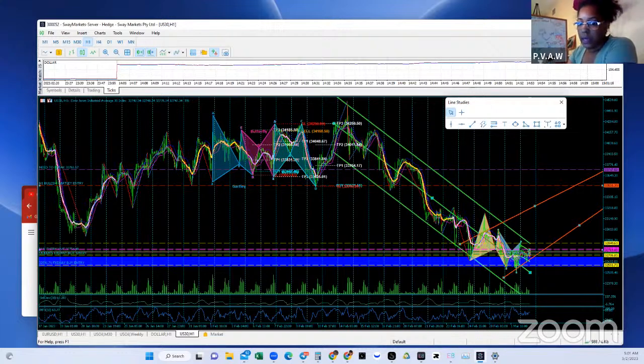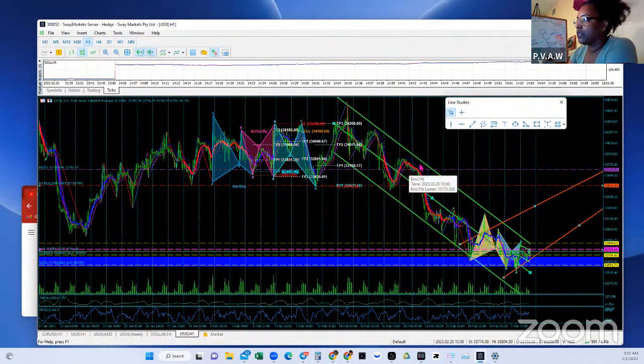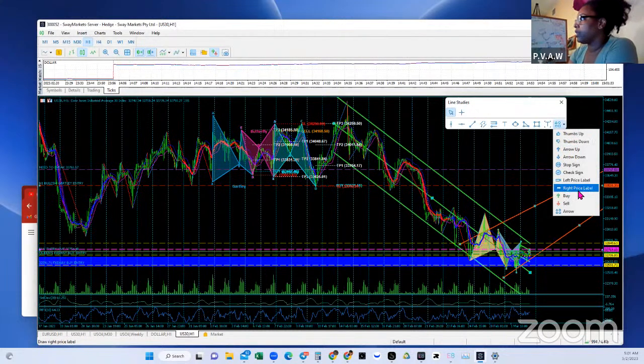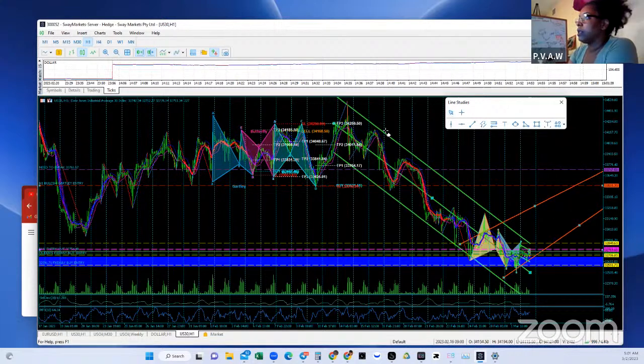And then I said US30 H1 kept making lower highs, as you can see. Kept making lower highs. And those that don't understand what a lower high is, this is a sell area.